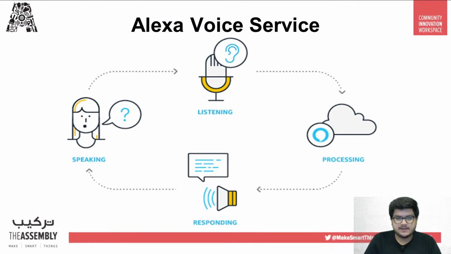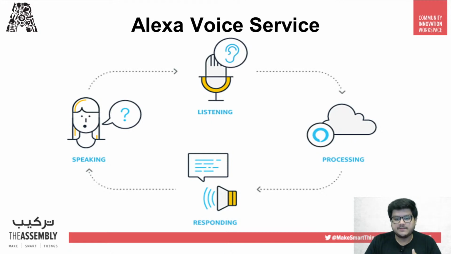Then this is just a diagrammatic review of the Alexa Voice Service. So you say the hot word, which is Alexa, and then you say your command, or whatever you want Alexa to do. Alexa listens after you have said the word Alexa, and once it's heard your command, it sends it to Alexa Voice Service, which processes the command, understands what you mean, and then based on that gives the feedback.